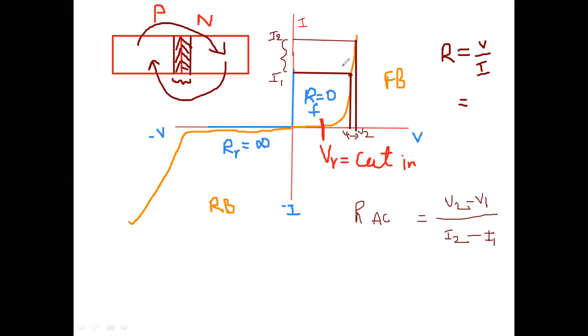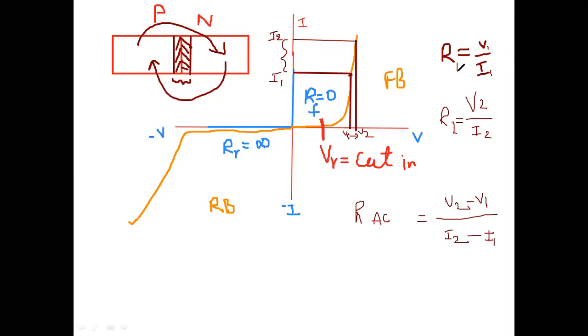If I take only a single point, V1 by I1 or V2 by I2, then I will get R1 and R2 values, the resistance at different points.